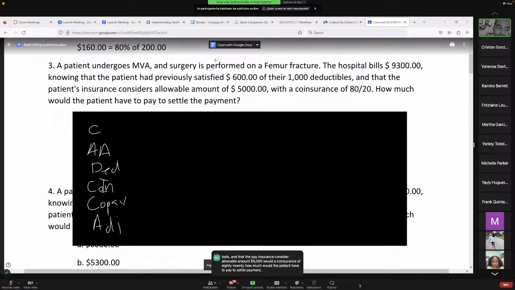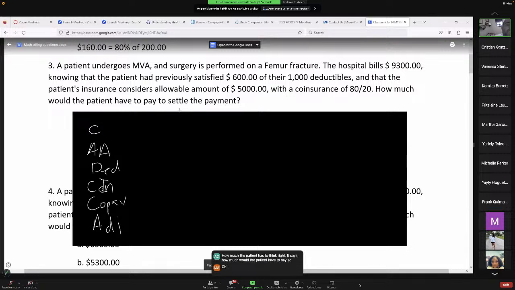First thing that I'm going to ask you is, what is the question asking? It's the copay: how much the patient has to pay, right? It says, how much would the patient have to pay?